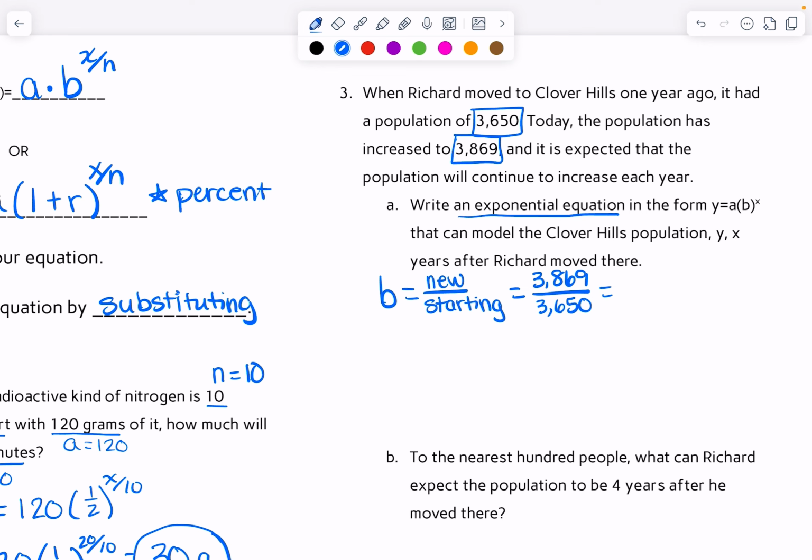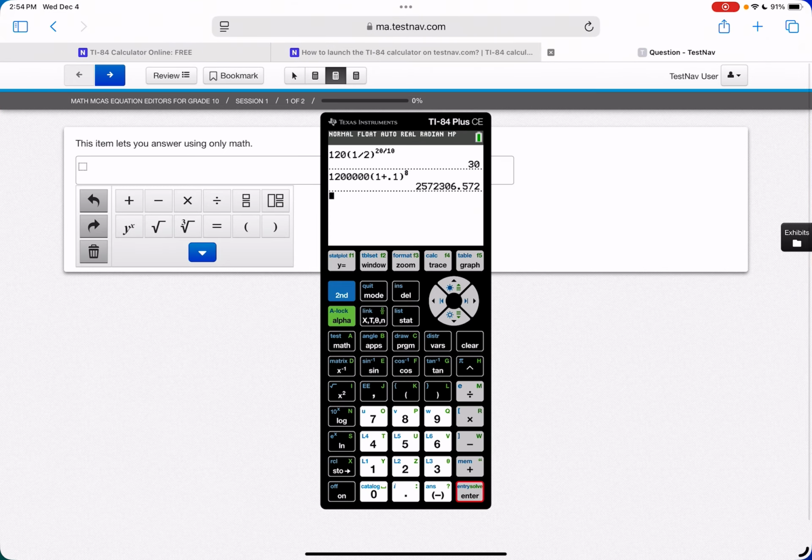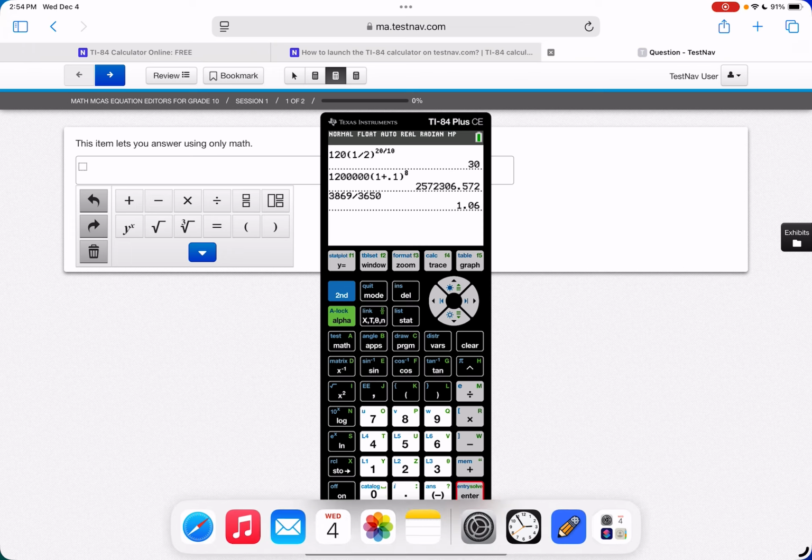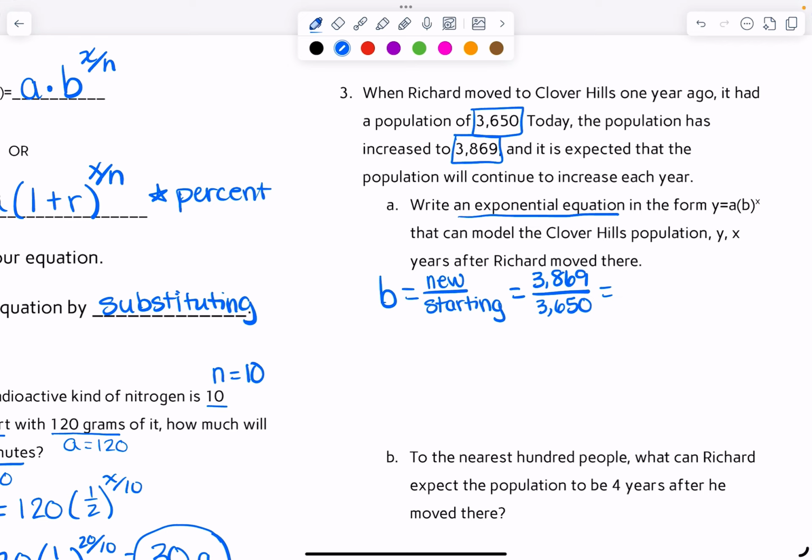So let's go to our calculator and do 3,869 divided by 3,650. And I get a base of 1.06. So my base here is 1.06. Now let's talk about this 1.06 for a moment, just to make sure we understand what it means.